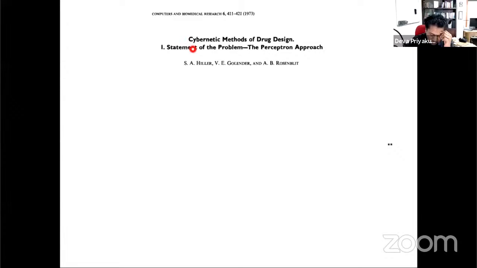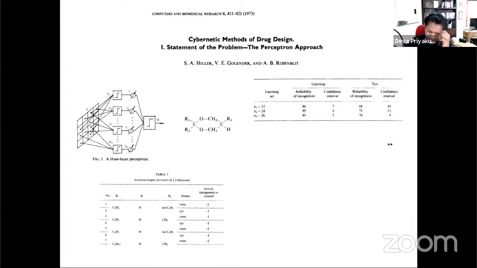Okay, this is actually one of the first papers. You can see the year 1973, right? Where they used perceptrons for predicting the pharmacological activity of a class of molecules called 1,3-dioxanes.